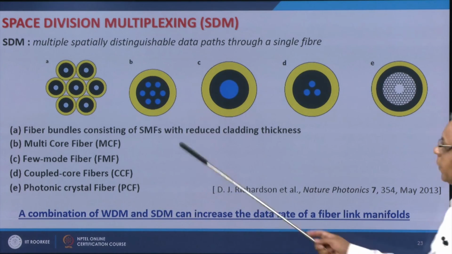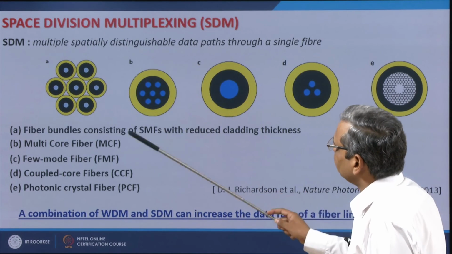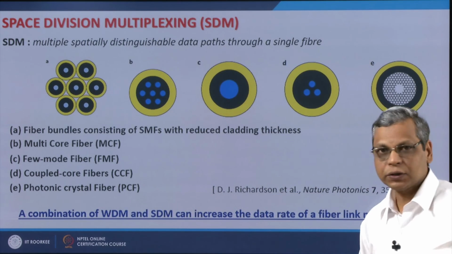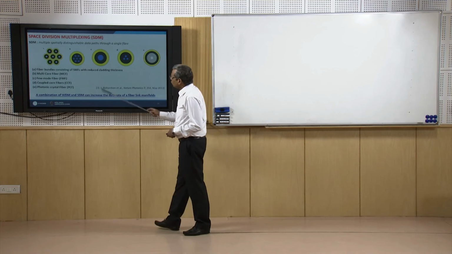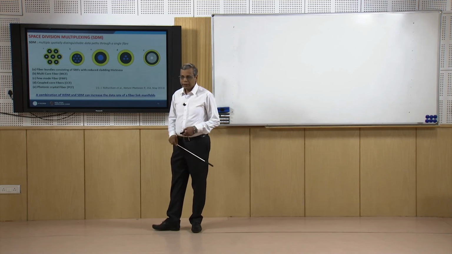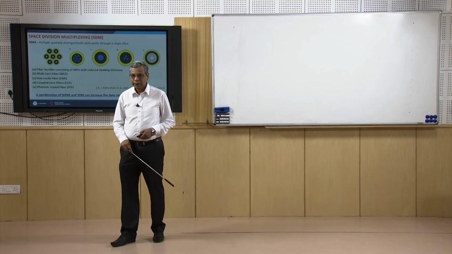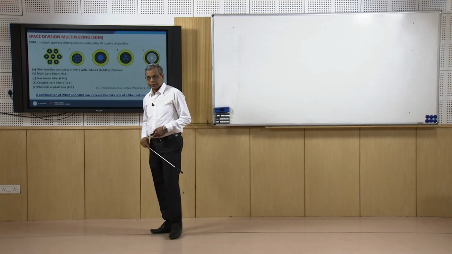Then people are using multi-core fiber, where you have multiple cores sharing the same cladding. So, here you will have to take care of the crosstalks between different cores. Then there is few mode fiber, where different modes of the fiber itself can work as independent data channels.